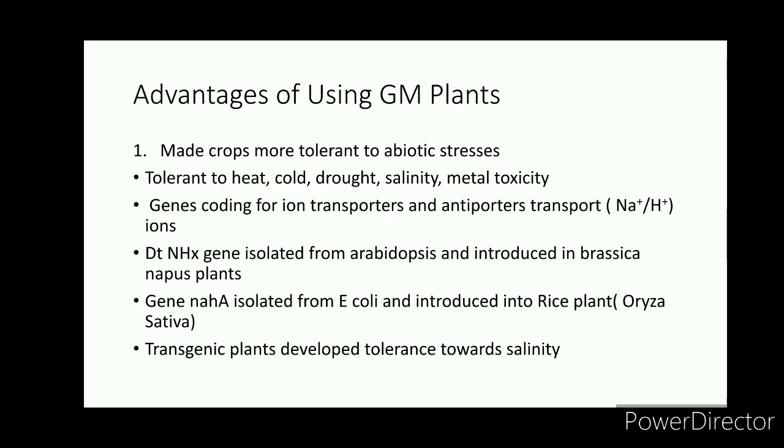But using the genetic engineering techniques, we can grow these rice plants by making them tolerant to these abiotic stresses, and then you can use those wastelands for the growth of these plants which can produce good quality rice. Clear? So these are the advantages of using GM plants, that is making crops more tolerant to abiotic stresses. Transgenic plants developed tolerance towards salinity by insertion of the DTNHX gene, in some cases the NAHA gene.